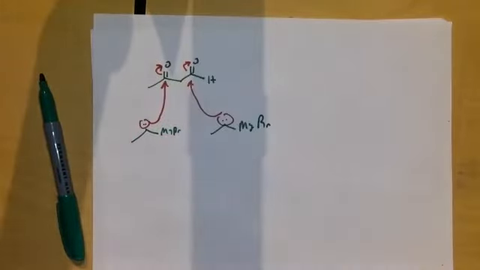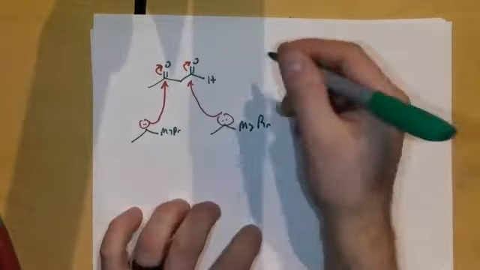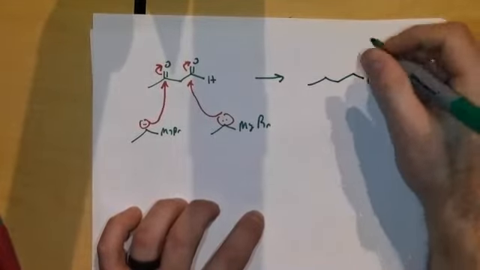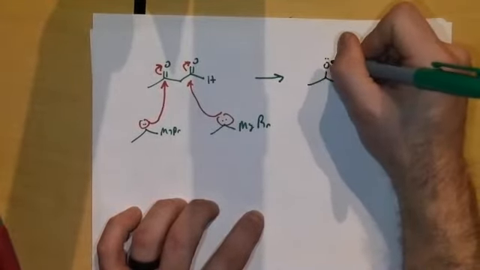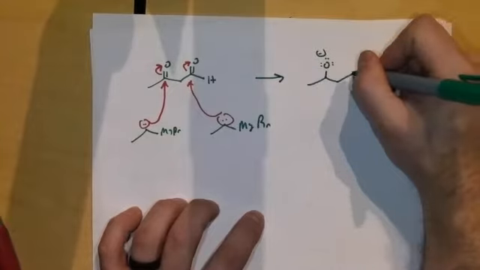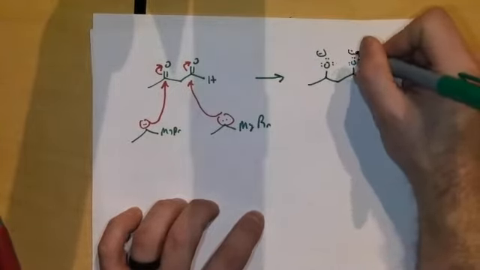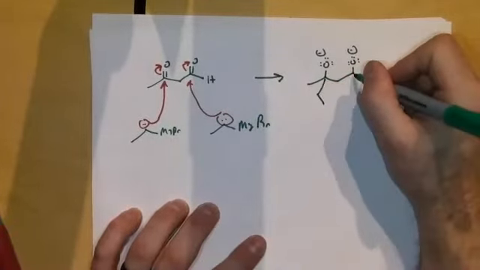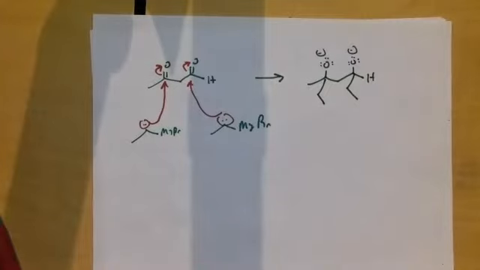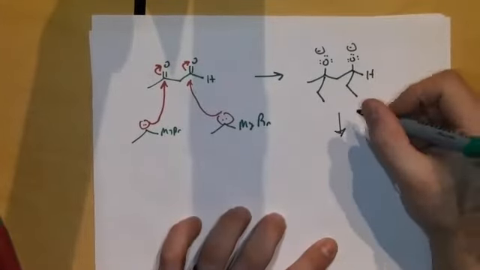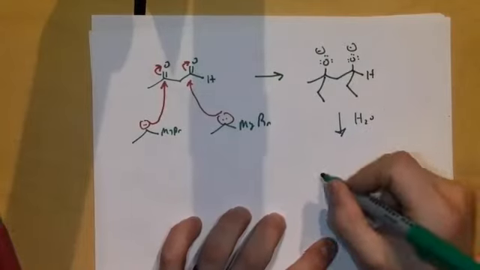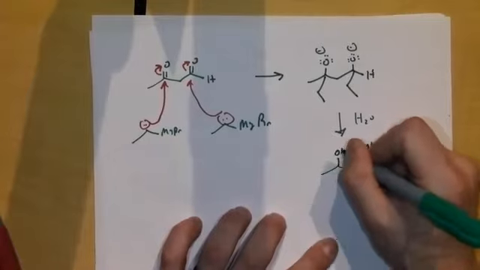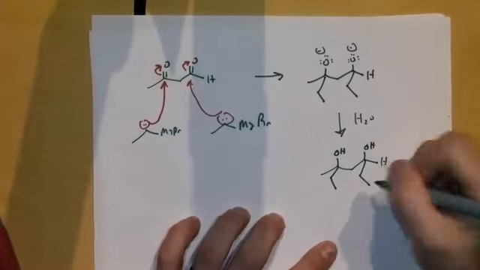Kick up our electrons. We'll get a bunch of O minuses. We're adding 2 carbons for both of these, so 1, 2, 1, 2 here. And then our last step, we add water. So we'll make the diol, like so.